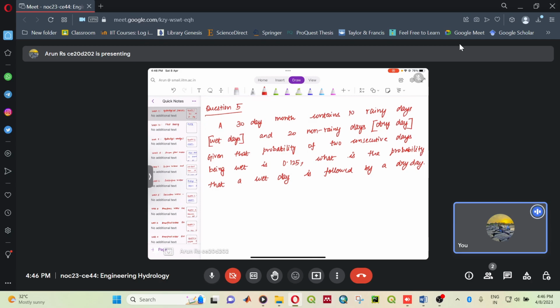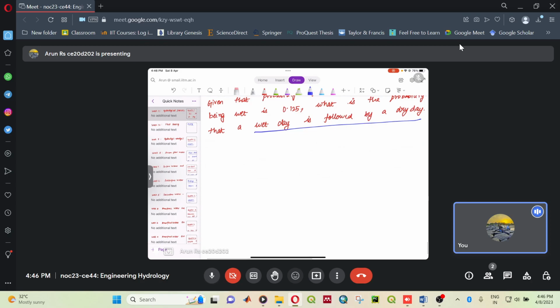This is again similar to the first question, which uses conditional probability. Here, wet day is followed by a dry day. This is the statement which you need to understand. So let's move on to the solution.